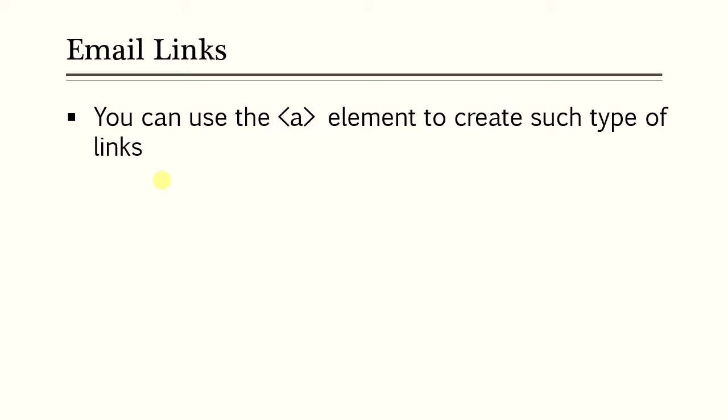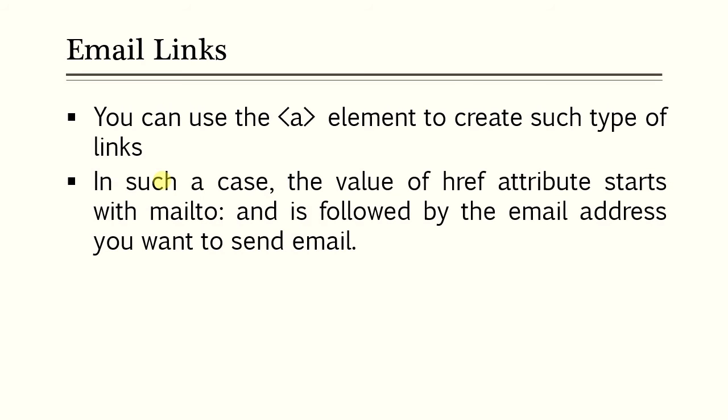You can use the anchor element to create such links. In such a case, the value of the href attribute starts with mailto and is followed by the email address to whom you want to send email.